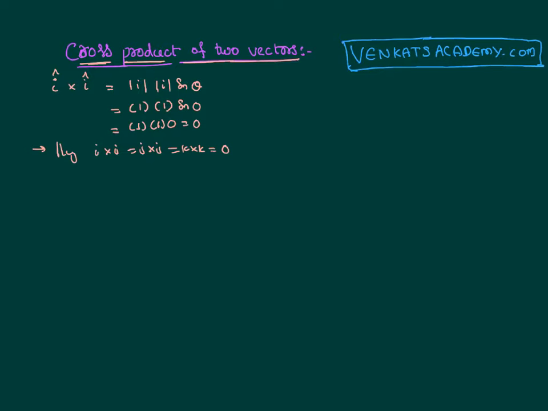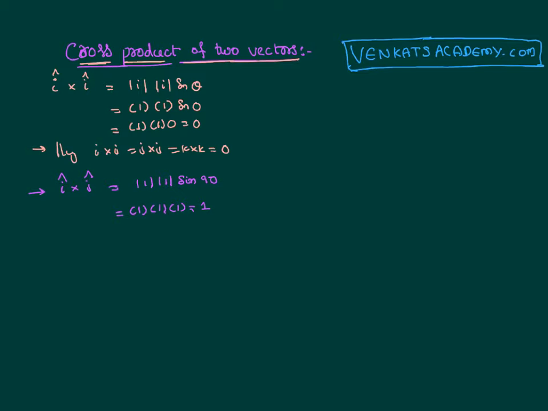Suppose I am interested in finding out what I bar cross j bar is. Then I can write: I bar is 1 in magnitude, j bar is also 1, and the sine of the angle between the x-axis and y-axis is 90 degrees, but I know sine 90 is also 1, so that is 1.